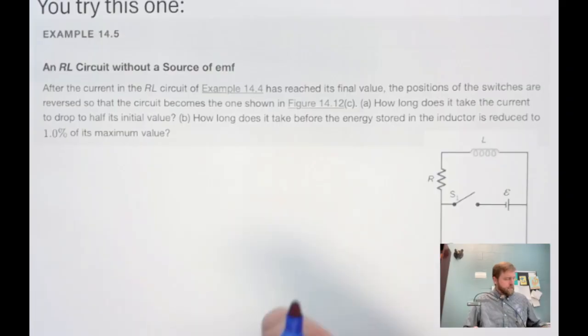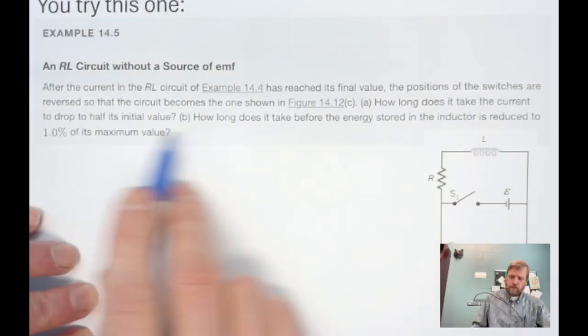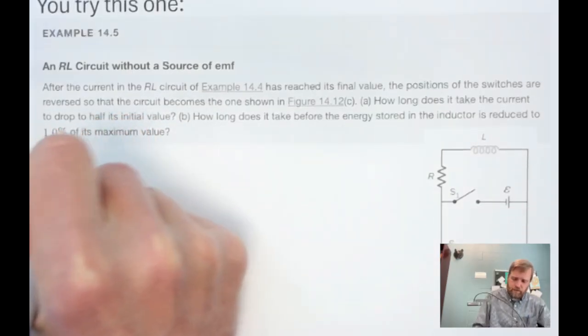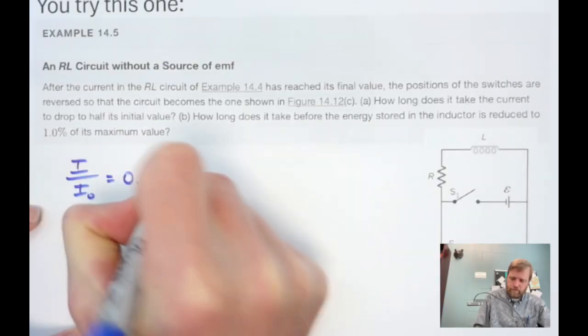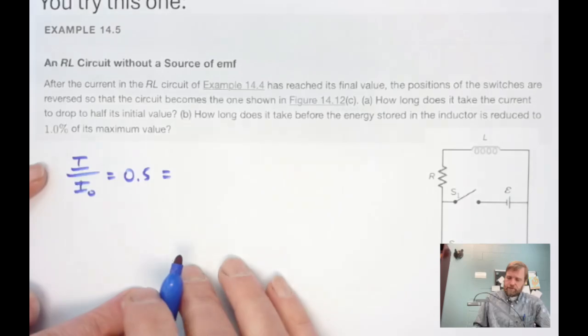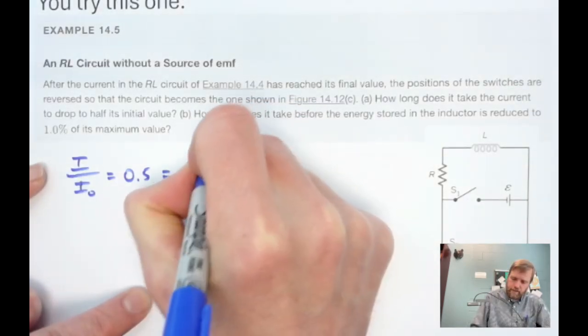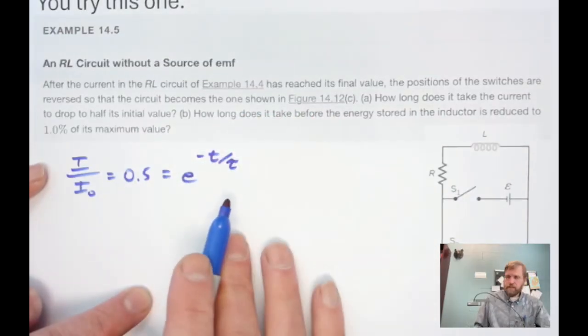All right, so let's take a look at this. Part A: how long does it take the current to drop to half of its initial value? In this case, we know that I over I naught is equal to 0.5, and this is equal to e to the minus t over tau, and tau, again, is 1 second.